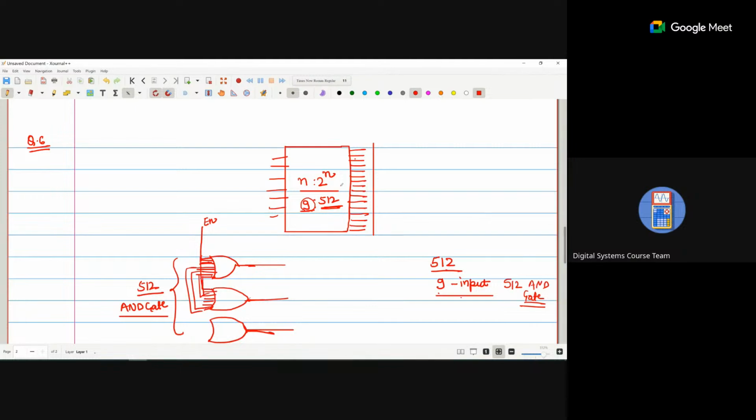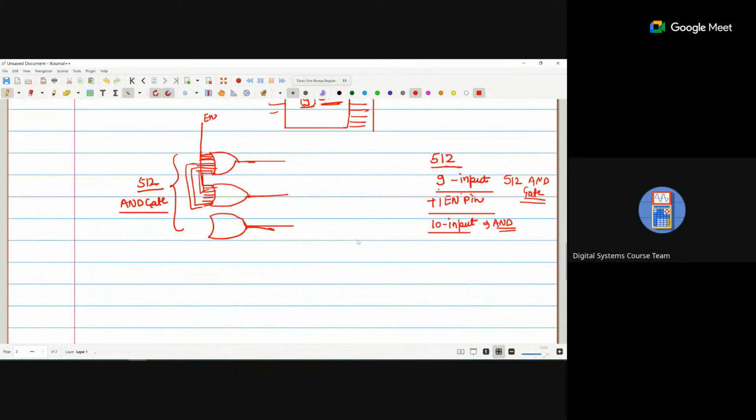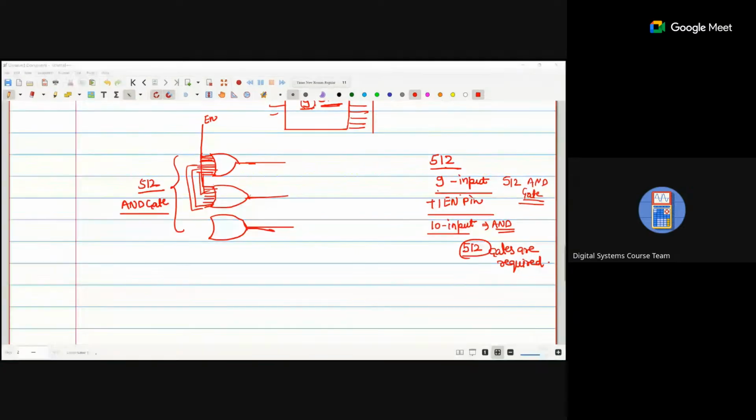So 9 inputs are already available, plus 1 enable pin is required. So total how many inputs for a single AND gate? 10 inputs. So we require a 10-input AND gate, and 512 such gates are required. Okay. Yes, sir.